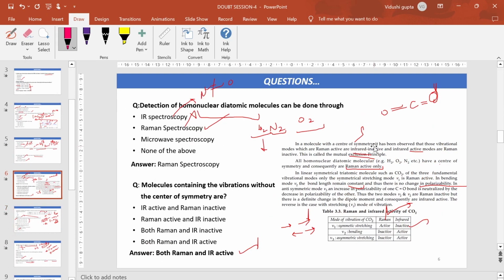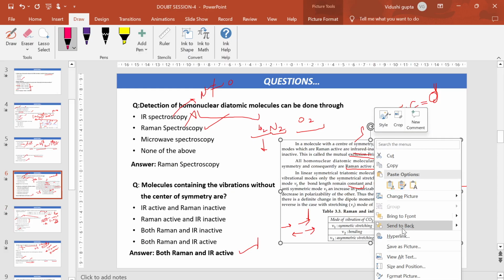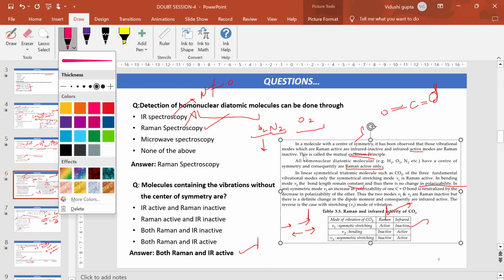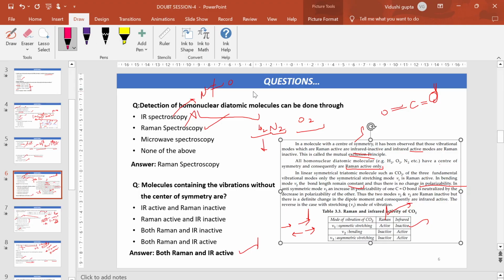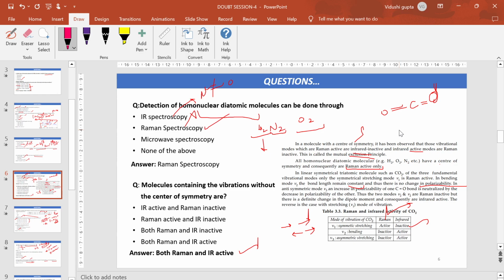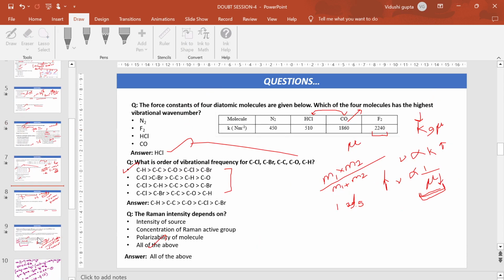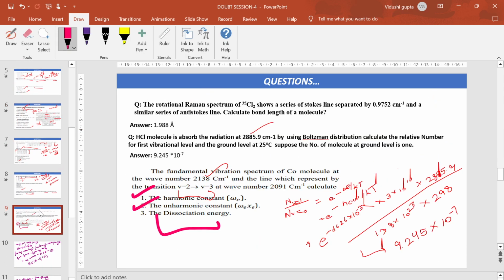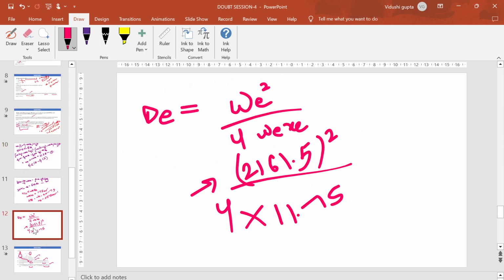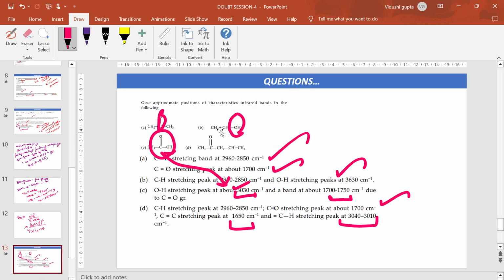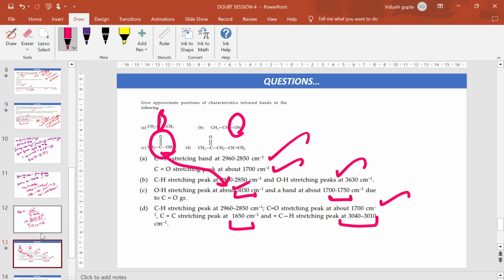Then the mutual exclusion principle: for a centrosymmetric molecule, Raman active will be IR inactive and vice versa. Then we discussed the harmonic constant and how we can calculate the anharmonic dissociation energy. Then some stretching frequencies of different functional groups.